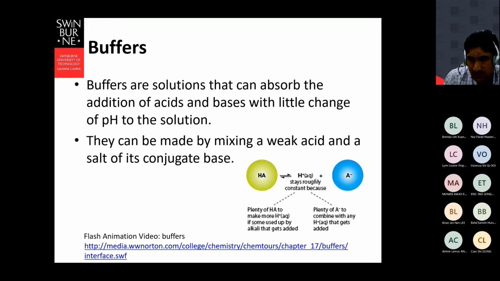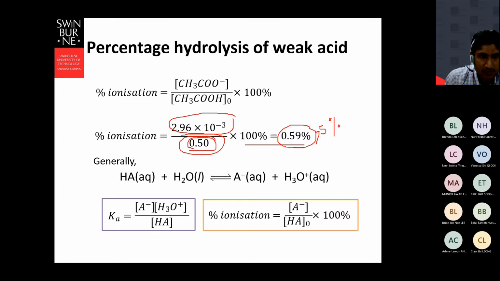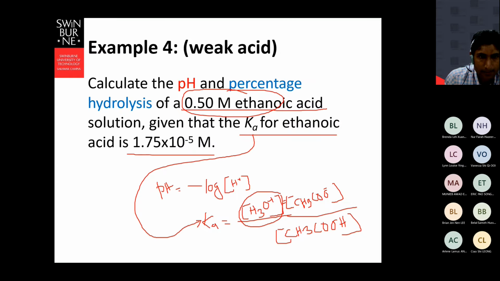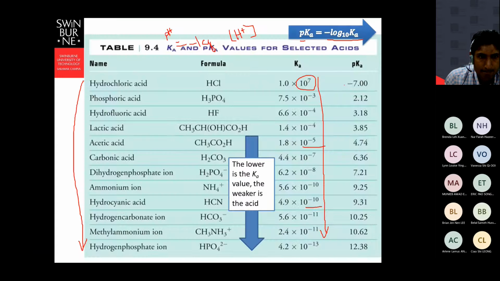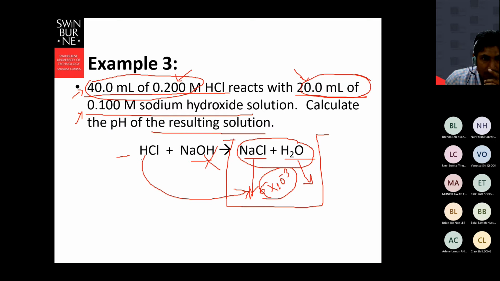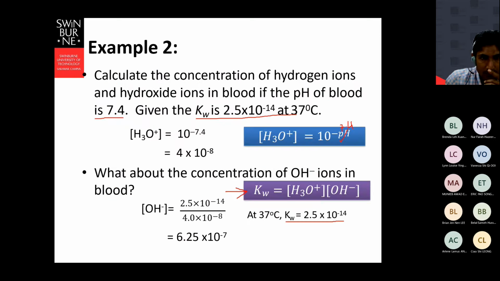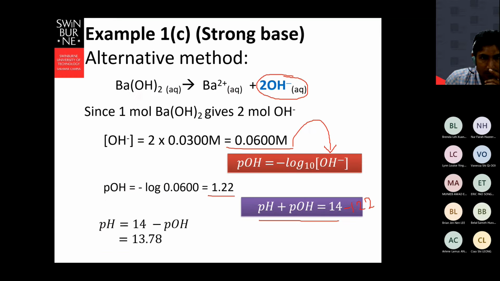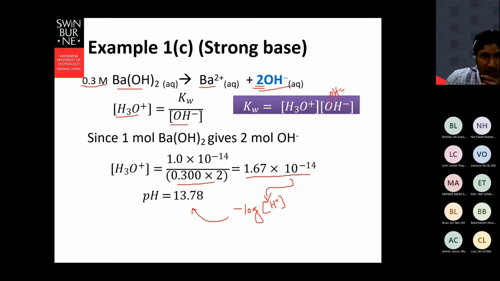Brian says that for the alternative method, why is it 0.03 molar? Oh, yeah. So 0.03, what is the problem?